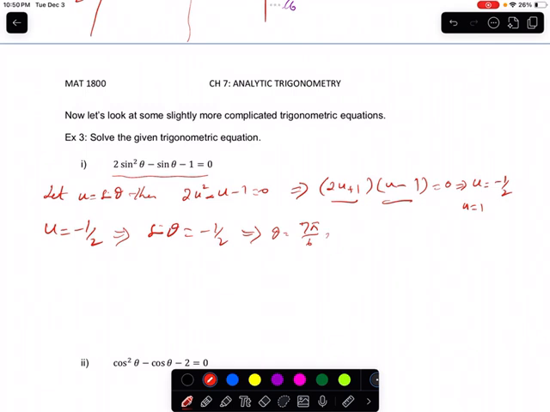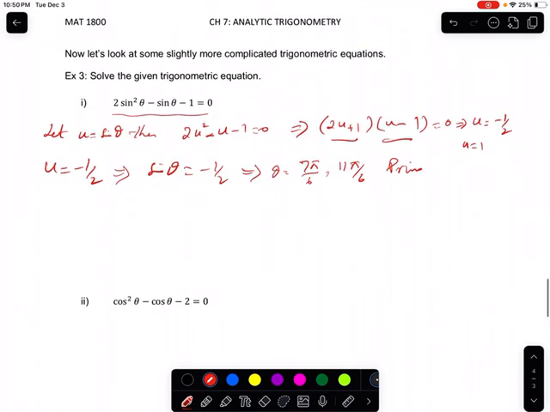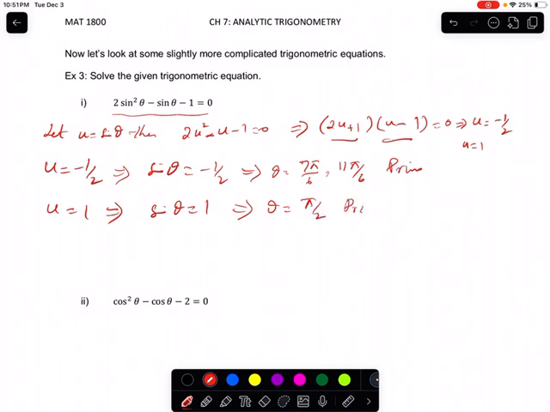So these are the primary. Now this one didn't mention which type of solutions. We will just go to do with the primary. And the other equation u is equal to 1, which implies sine of theta is equal to 1. Now when is sine theta 1? When theta is pi over 2. So these are again the primary. So this gives us only one solution.